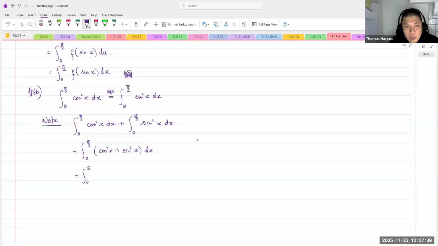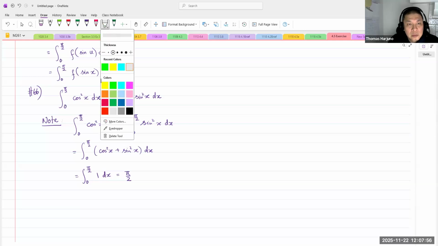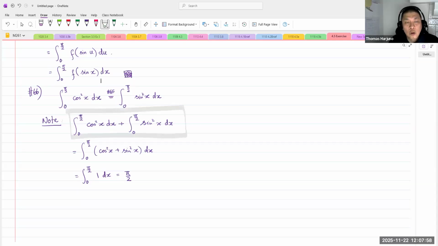Now, the integral from 0 to pi over 2 of 1 dx is just the length of the interval. So the integral of the whole thing is pi over 2, but at the same time they are equal to each other, right?